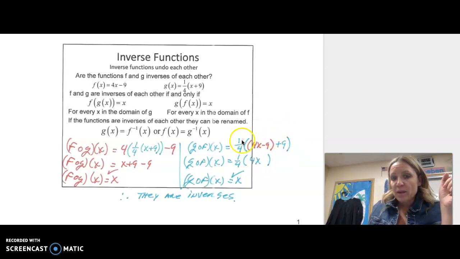Within the parentheses, if we follow order of operations, these guys are opposites, so you don't even need to write plus 0. We're just left with that 4x. And 1/4 of 4x is just x. So we got x here, and we got x here. We're good to go. We say yes, they are inverses of each other.